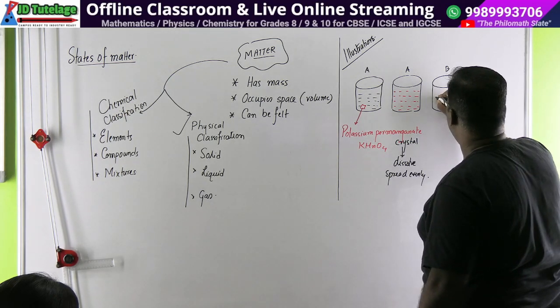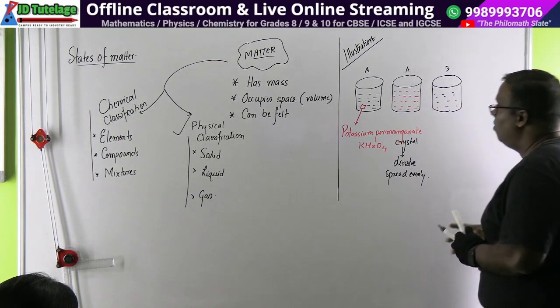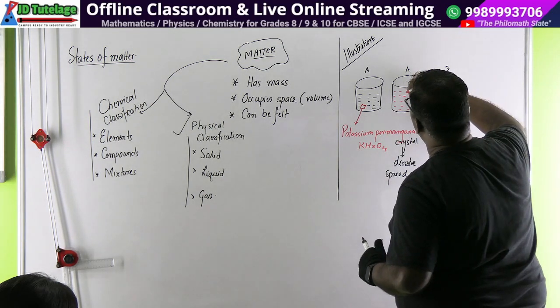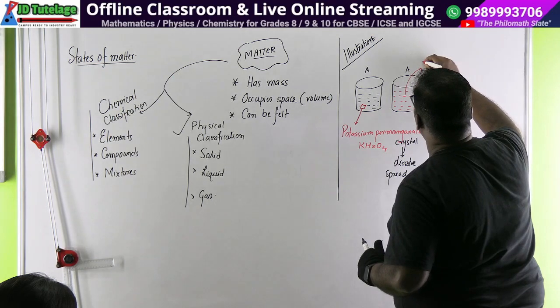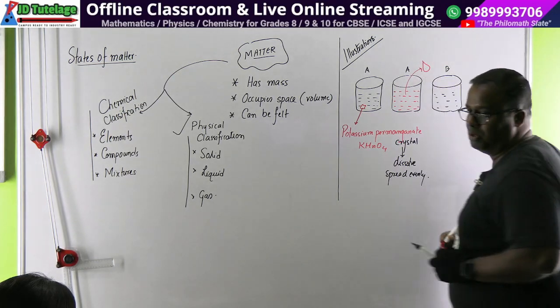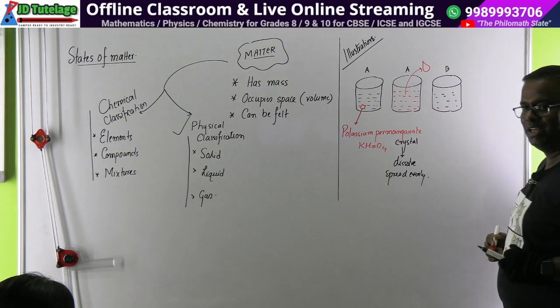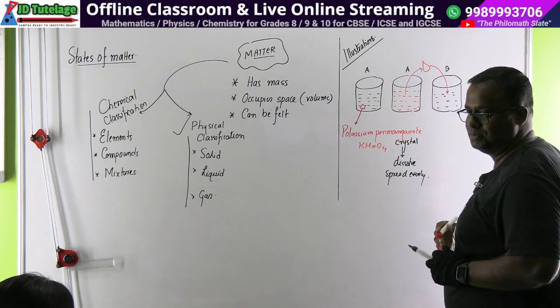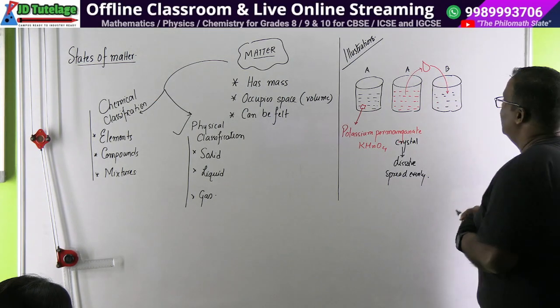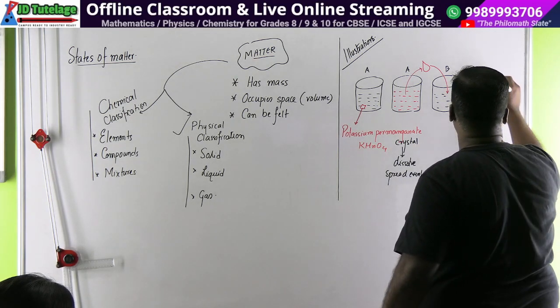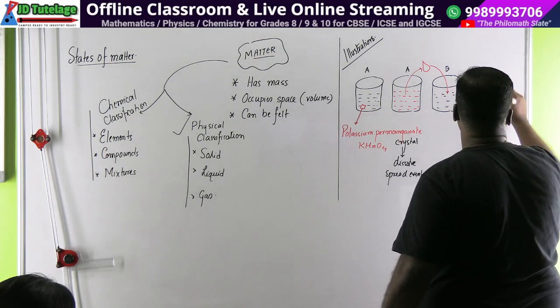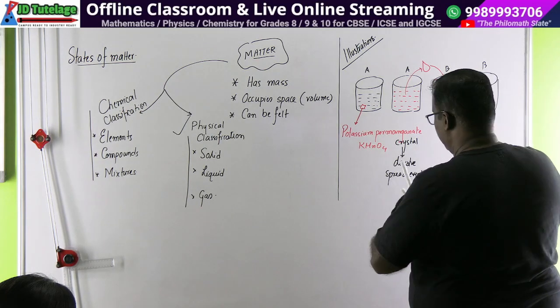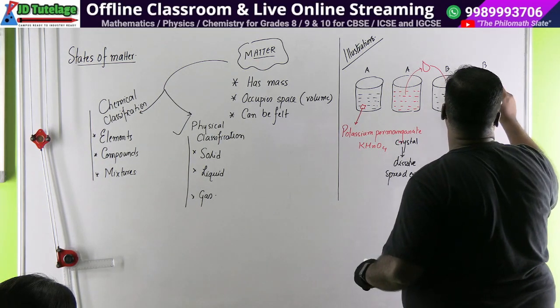I bring clear water in it again, clear water. Now with the help of a dropper, I take out one drop of potassium permanganate solution from here and I put that drop out here. The interesting thing we'll see, this is again beaker B. Again, the entire water has become pink.